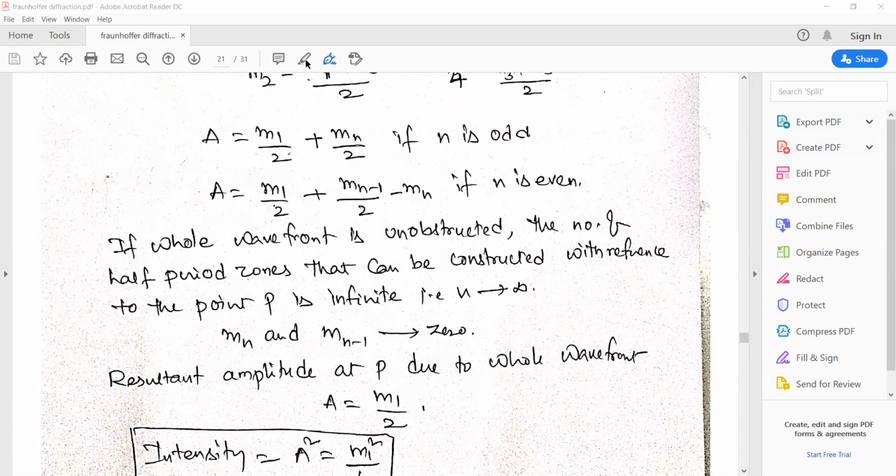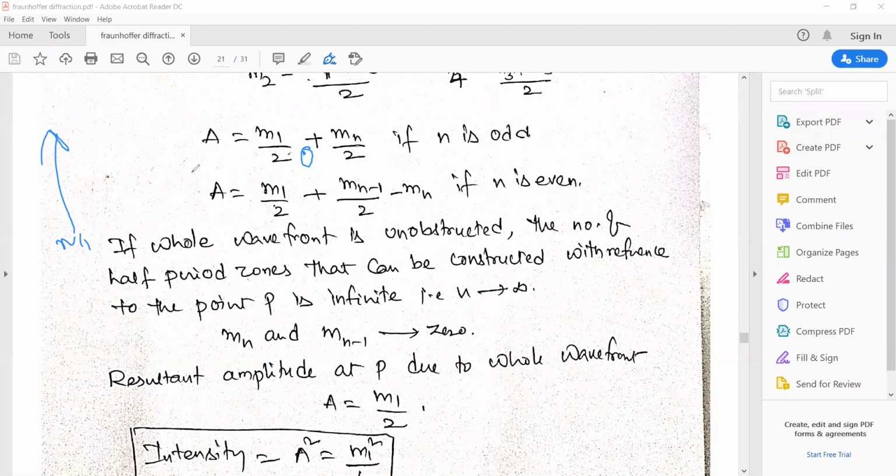If you keep on going through infinite terms, the amplitude of the last term will be very, very small, almost like zero. So only the major contribution comes from Fresnel's half-period zones.